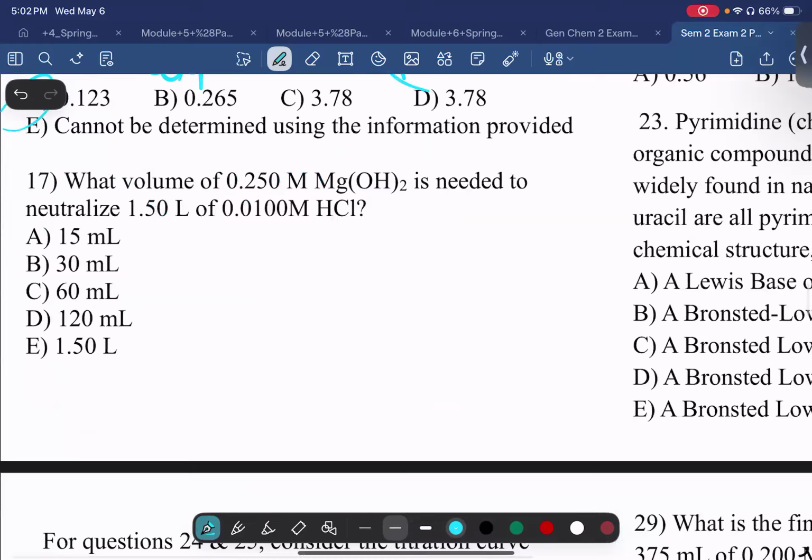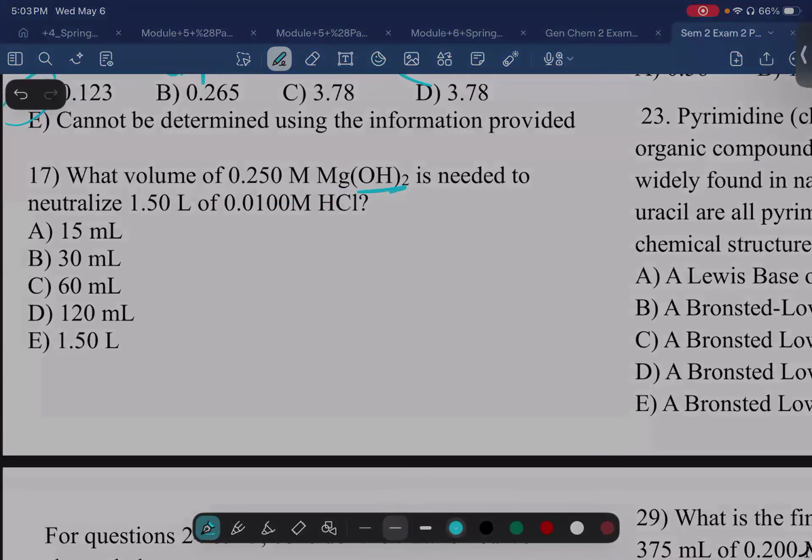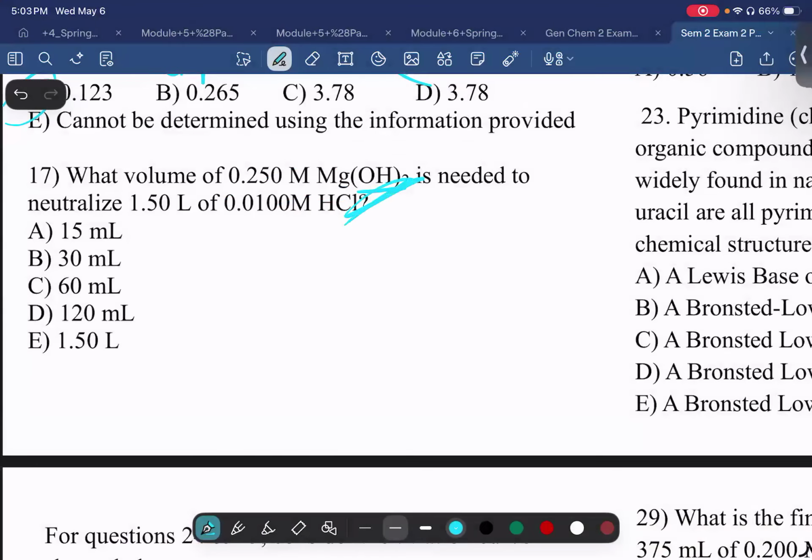17, I'm just going to go through quickly because this was a question that you had last semester. Whenever you neutralize something, it's the same thing as getting to the equivalence point. So you want the number of moles of base to equal the number of moles of acid, specifically the hydroxide and H plus. So you've got 0.01 molar HCl times 1.5 liters.